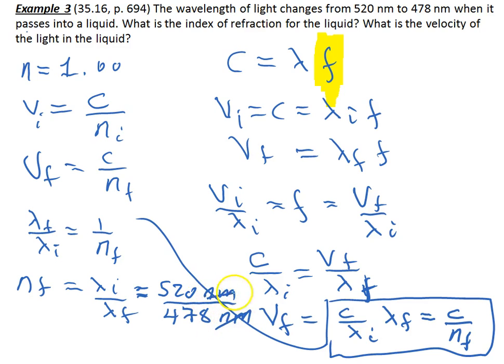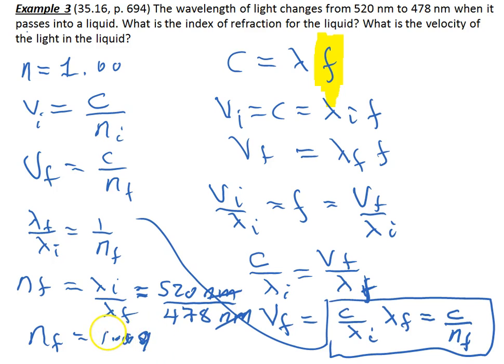And actually the units cancel, as they should, because refractive index has no dimensions, and therefore I'm left with a straight calculation to find that the refractive index is equal to 1.087, which rounds up to 1.09.